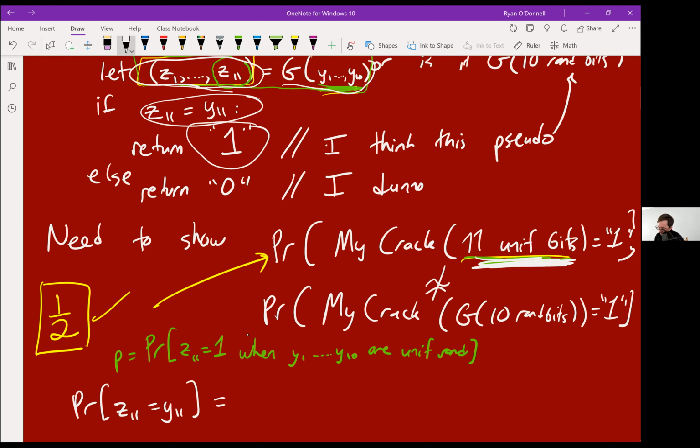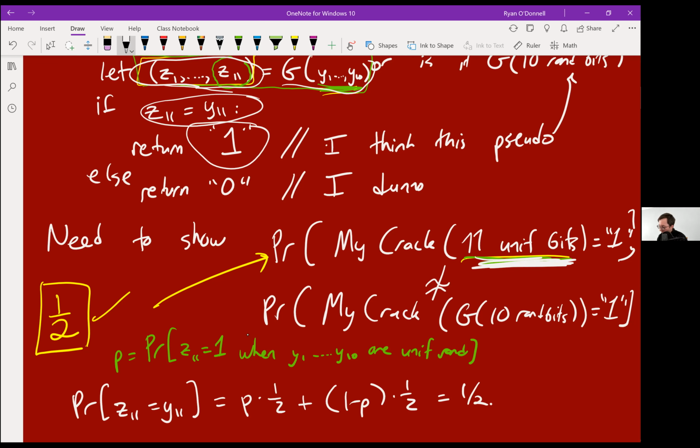So the probability they're equal is: there's a P chance that Z11 is 1 and a half chance Y11 is 1, plus a 1 minus P chance that Z11 is 0 and a half chance that Y11 is 0. This adds up to a half.